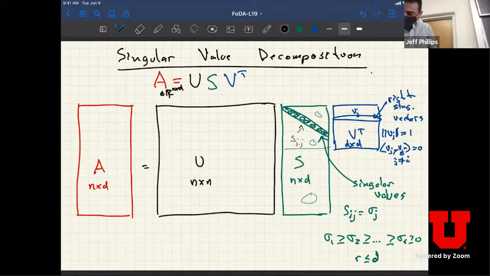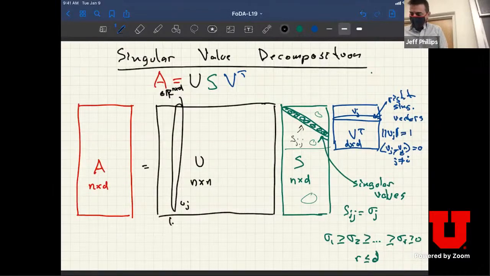Then with the U matrix here, the columns are going to be interesting. We'll call these Uj, and these are called the left singular vectors. When you talk about a tall and thin matrix, the left singular vectors are less interesting than the right singular vectors, so we'll focus a bit less on these.